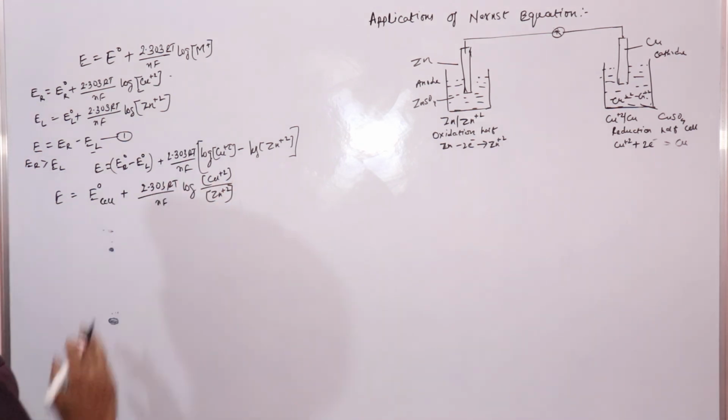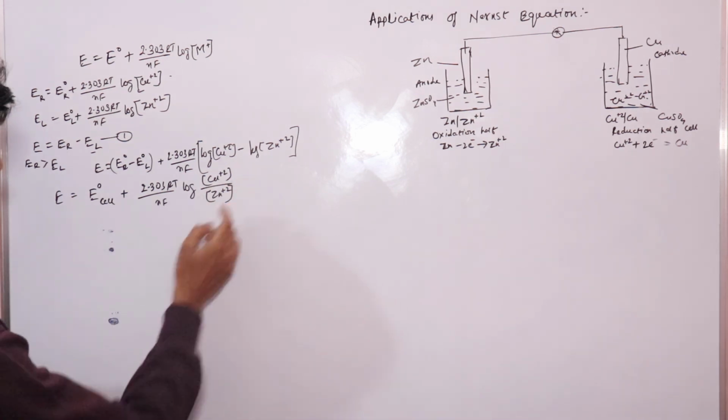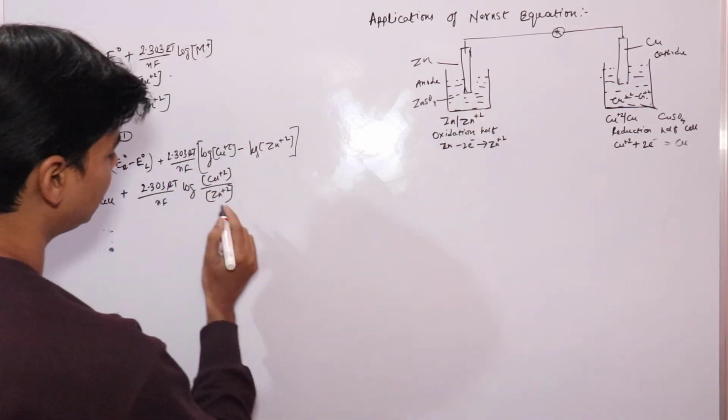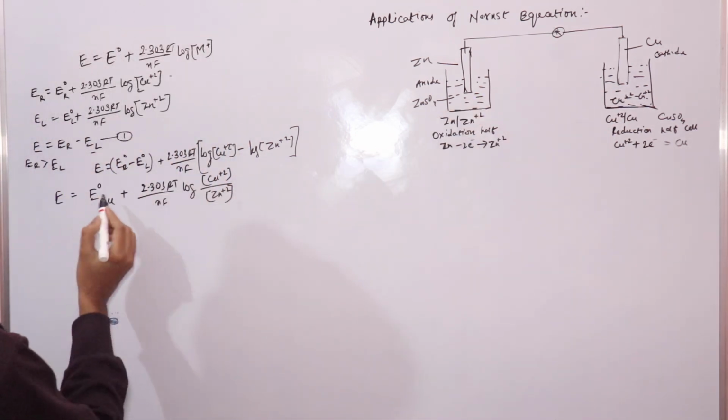So using this formula, you can calculate the EMF of the cell. Once you know the concentration of copper ions in this cell and the zinc ions in this cell, you can find the EMF of the cell.